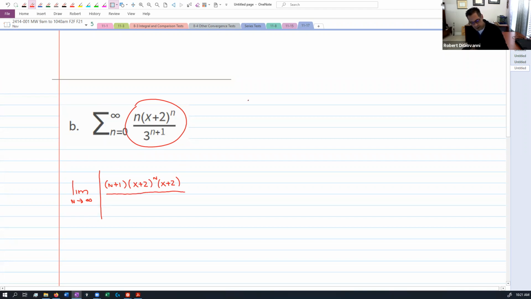So when I do that, if I do 3 to the n+1 plus 1, that's 3 to the n+2. So that means I'm going to have a 3 to the n times a 3 squared.